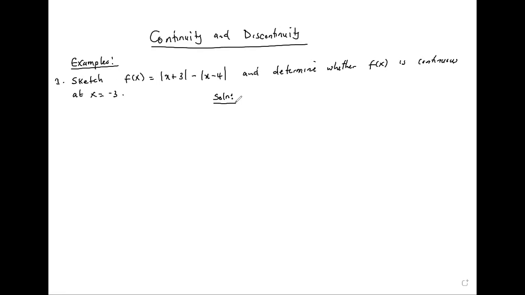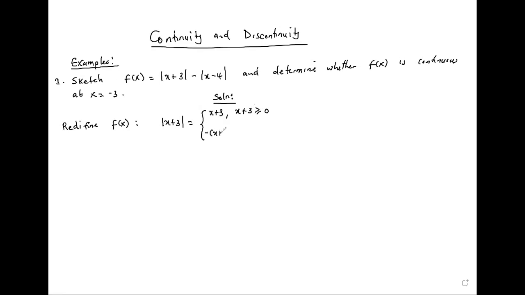The first step is you redefine f of x without the modulus. So you get each piece and redefine the piece. The modulus of x plus 3 is the same as x plus 3, provided x plus 3 is greater or equal to 0.